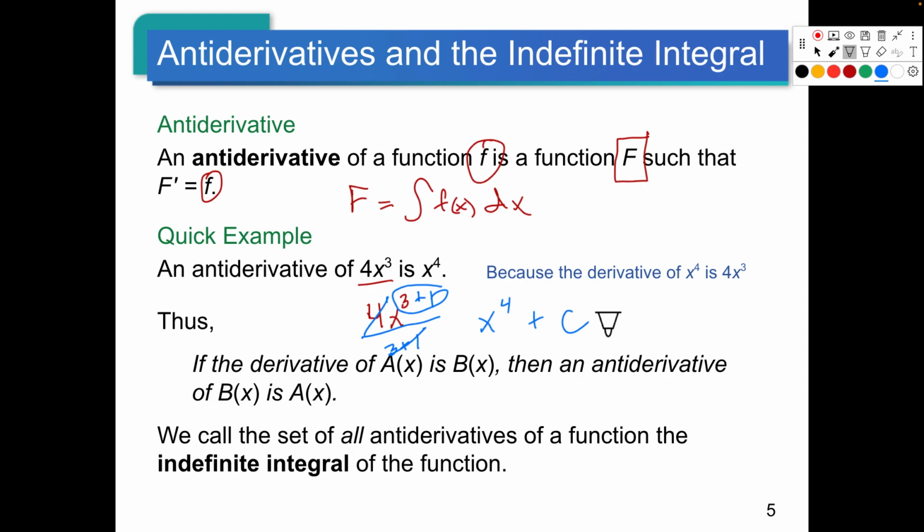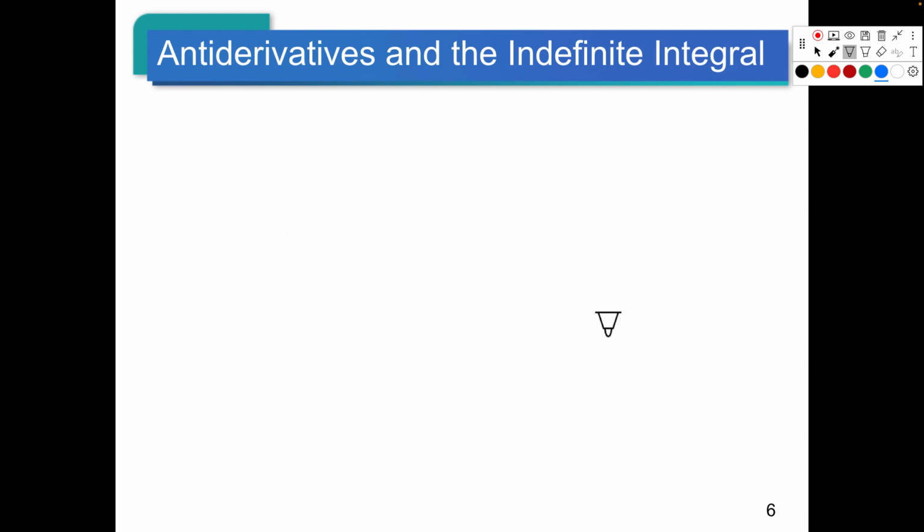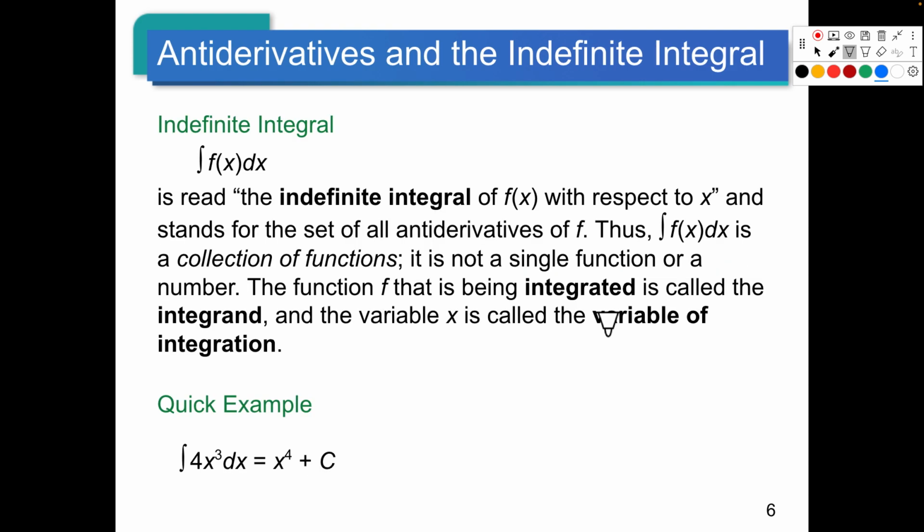Doing good so far? Not too bad. Again, we'll look at examples here. So now they're going to just introduce the notation, which I've already done, sort of spoiled it, right?